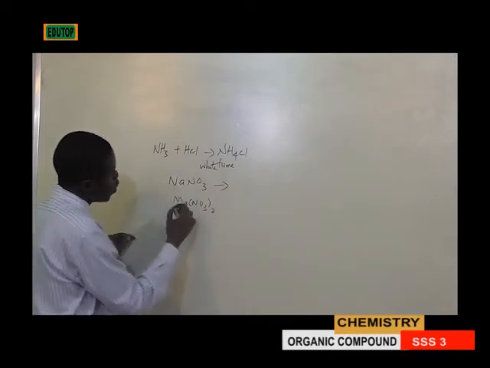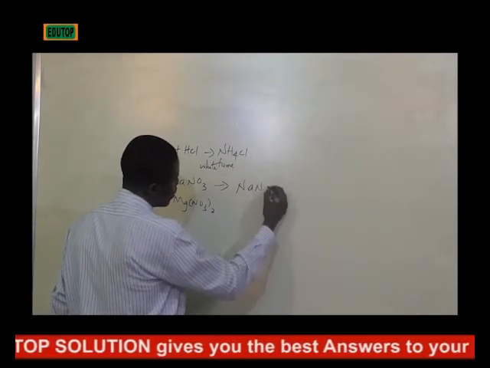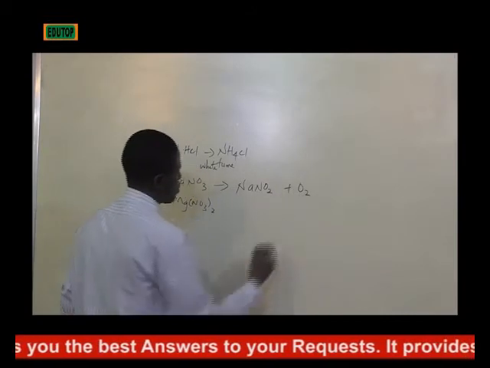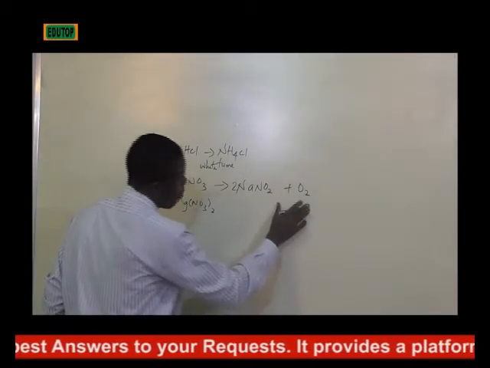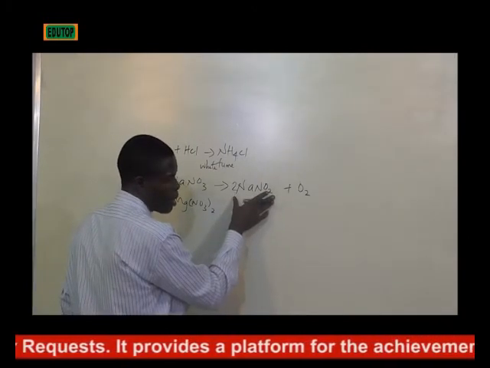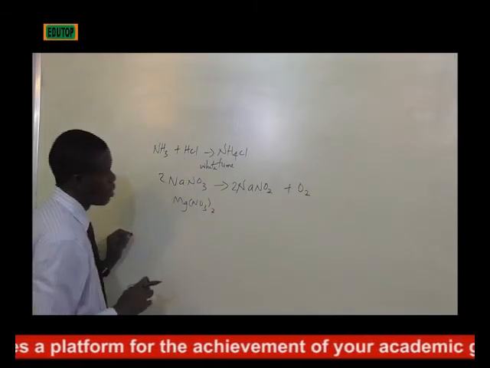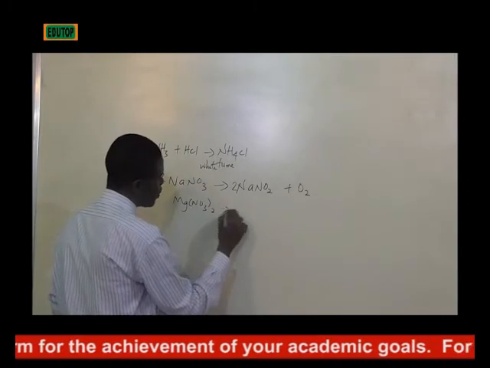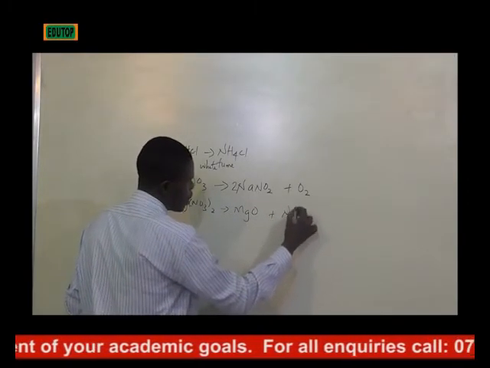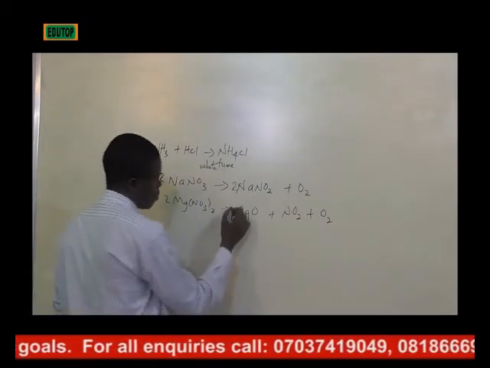Here, sodium nitrate decomposes to sodium dioxonitrate (III) plus oxygen. So this is the way it will decompose when heated. The products are sodium dioxonitrate (III) and oxygen, while magnesium nitrate gives magnesium oxide plus nitrogen (IV) oxide and oxygen.